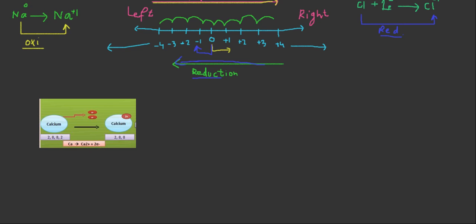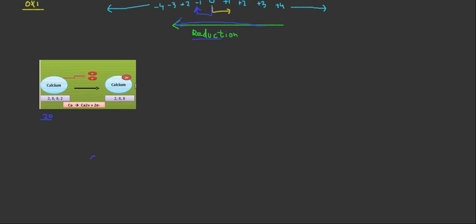Calcium atom has atomic number 20. So what does this mean? It means it has 20 protons and 20 electrons. Now if we draw the Bohr structure for this calcium, this is the nucleus. The first shell has 2 electrons.